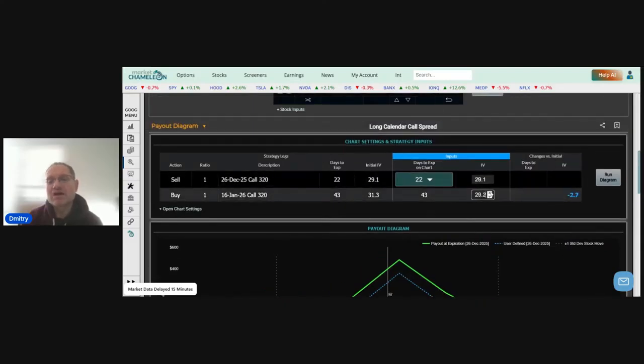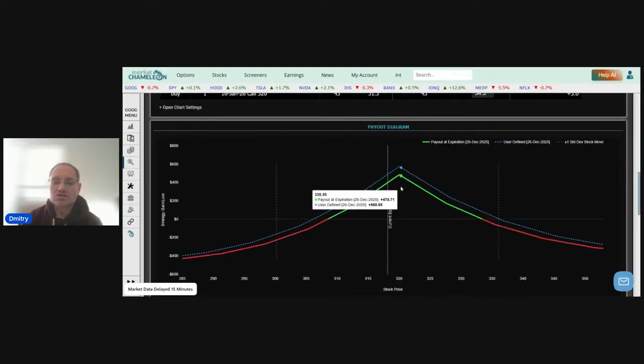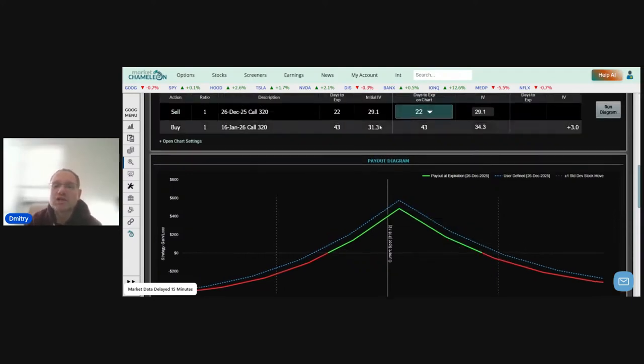Maybe I think implied vol will go up by 3 clicks. Let's say I add 3 clicks, 3.2, what will it look like? So now you see that new blue line is above the original payout diagram where there's no implied volatility change.